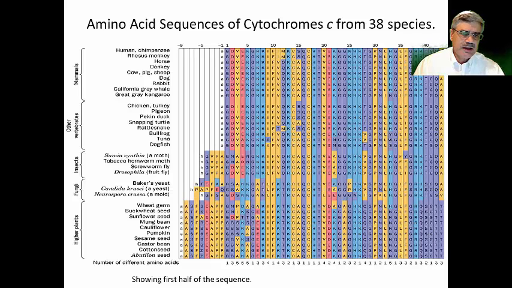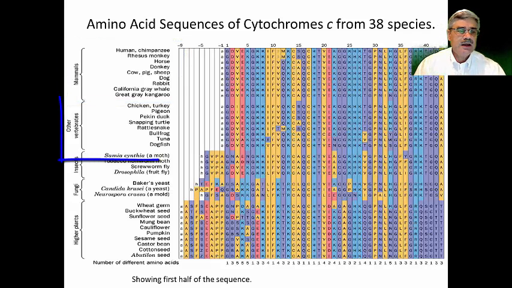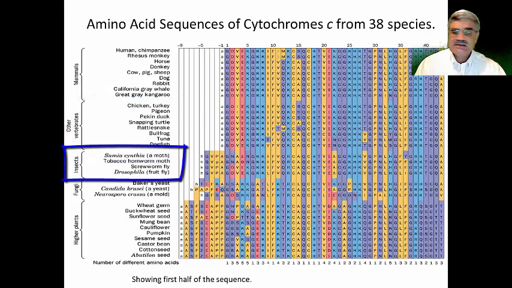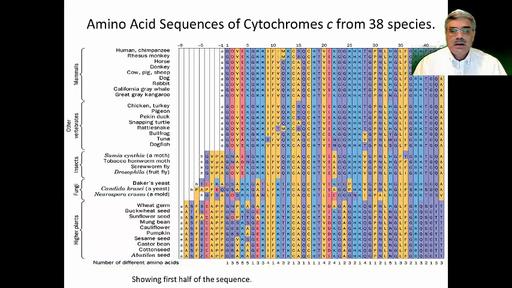But if you look over to the left, they studied the amino acid sequence of this protein, cytochrome C, from a number of mammals: humans, chimpanzees, monkey, horse, donkey, cows, rabbits, kangaroos, and then other vertebrates, pigeons, ducks, turtles, rattlesnakes, bullfrogs, tuna fish, then some insects, and then some fungi, and then some plants, including wheat and buckwheat, pumpkins, cotton.